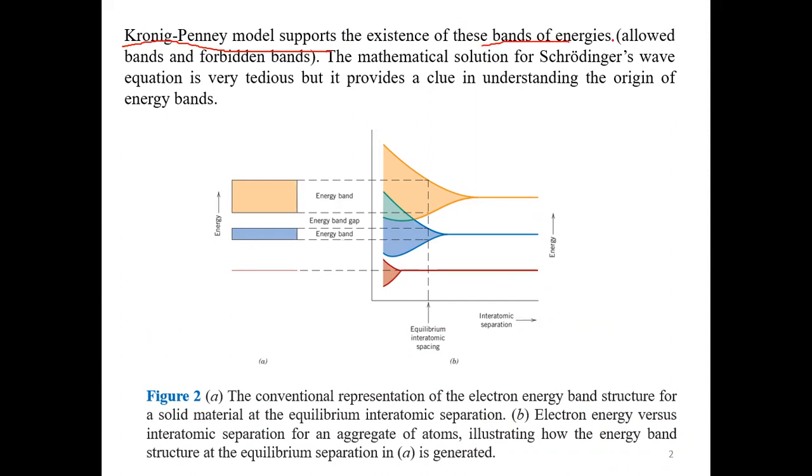There is an allowed band, then a forbidden gap, and then an allowed band and a forbidden gap. The mathematical solution of the Schrodinger wave equation, using quantum mechanics or wave mechanics, explains the formation of the energy band.